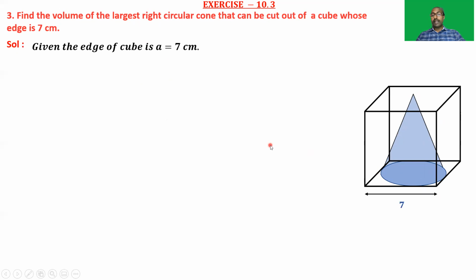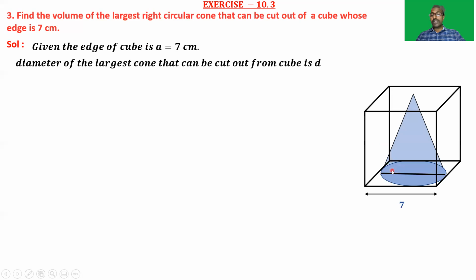Then the diameter of the largest cone that can be cut out from this cube is equal to the edge of the cube, which is equal to 7 centimeter.